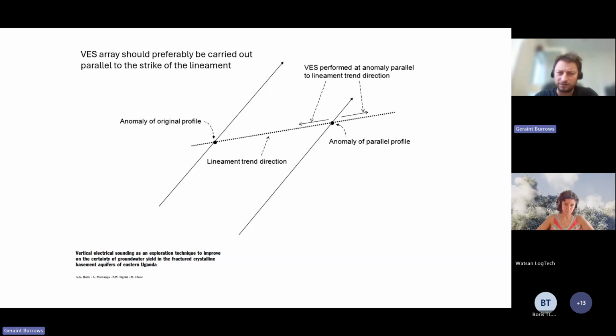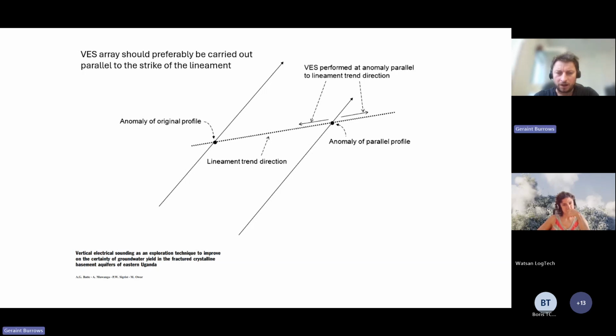Is that the question, if I get that right? Yes, that's the question. But usually we do the opposite on the field. We do it perpendicular to the fracture, not parallel. Well, that's not what's recommended, at least according to this paper.